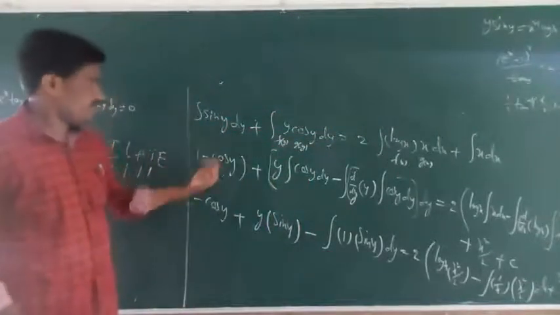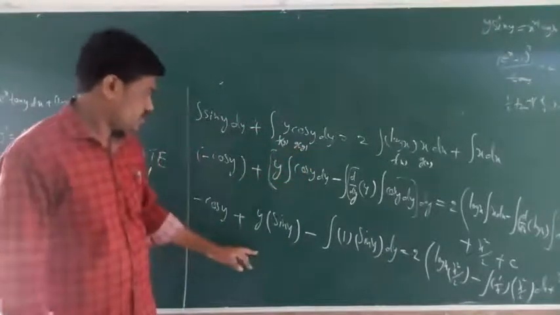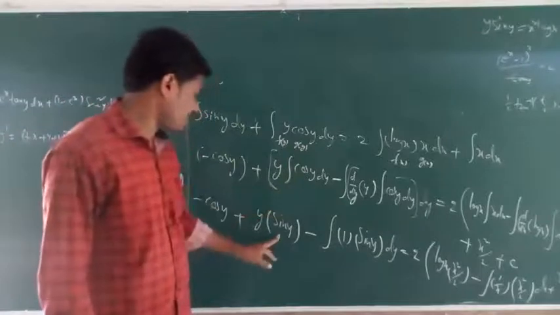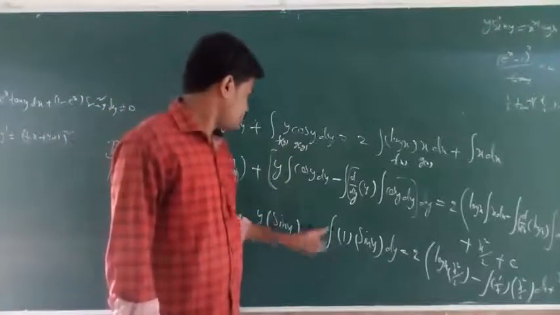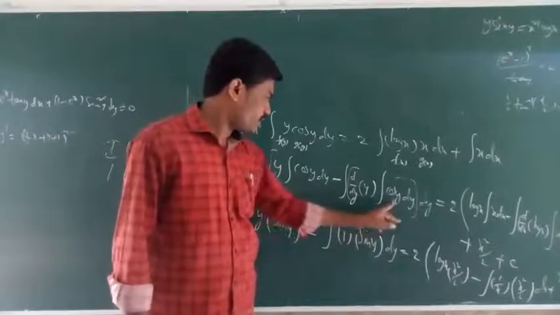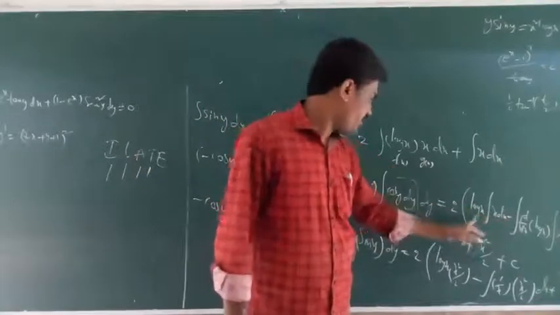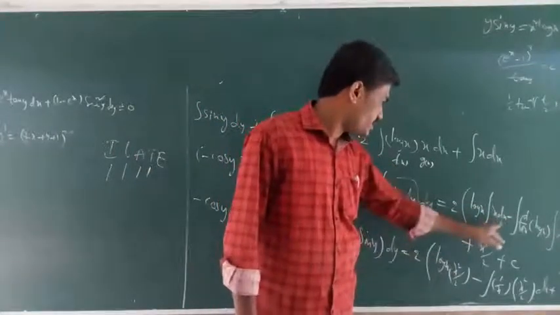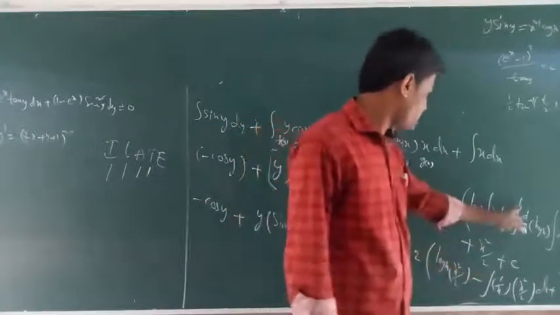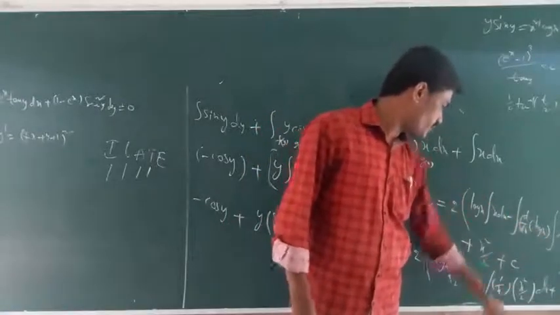So this is direct integration. This side you can apply the f of y, g of y process. So y into integration of cos y, meaning sin y, minus d by dy of y, meaning 1, into integration of sin y. This side, f of x, g of x formula: f of x is log x, integration of x dx means x square by 2, minus integration of log x derivative 1 by x into integration of x dx, x square by 2.